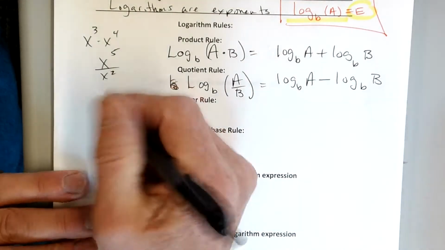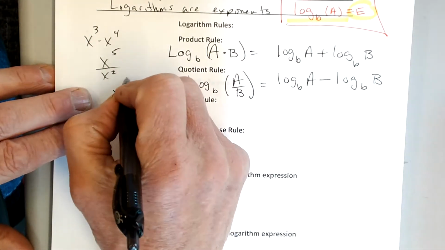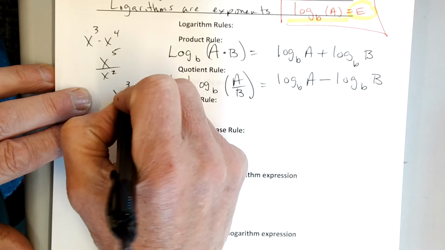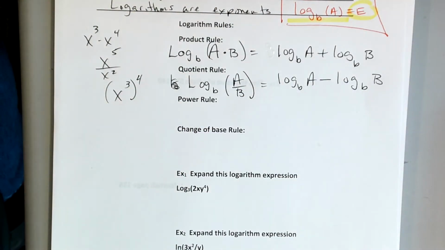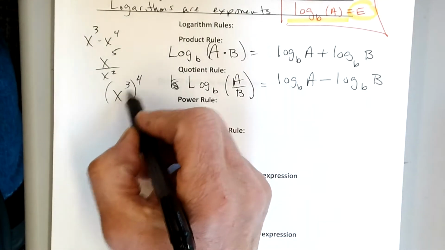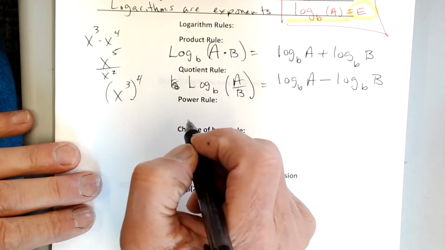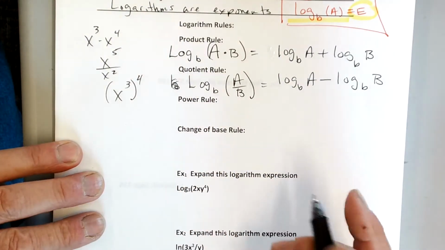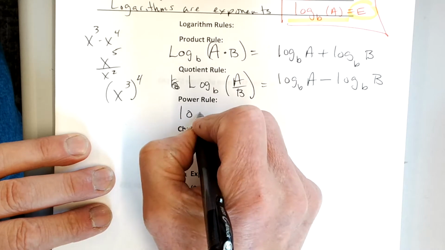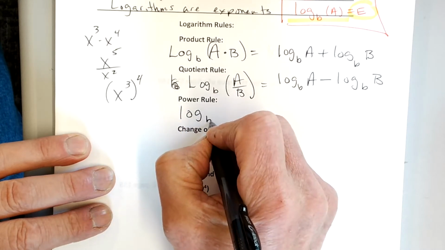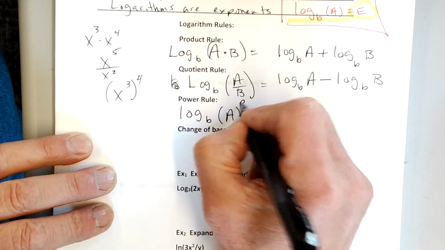Now the power rule. We have x to the third to the fourth power, okay? So if we have an exponent to an exponent, the way we would simplify this is we multiply, right? We multiply. So we can do the same thing with logarithms, okay? So if I have log base b of, let's say, a to the p power, right?